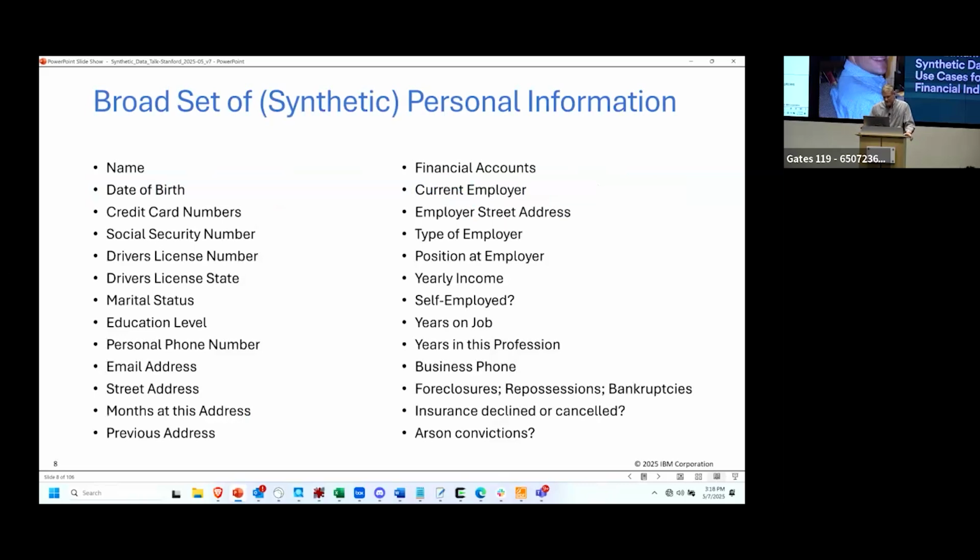So from good stuff to bad stuff, and certainly almost all stuff that, if this were real data, you wouldn't want exposed to the broader world: your driver's license number, your yearly income, if you have any arson convictions, which thankfully very few people do, but there are some. People normally want to keep this private, but our data provides all of this and actually quite a bit more.